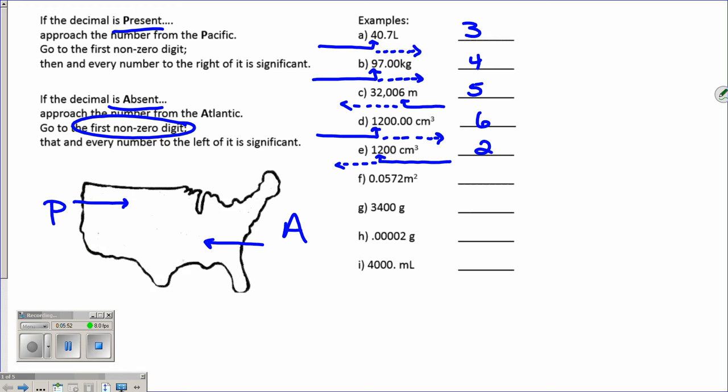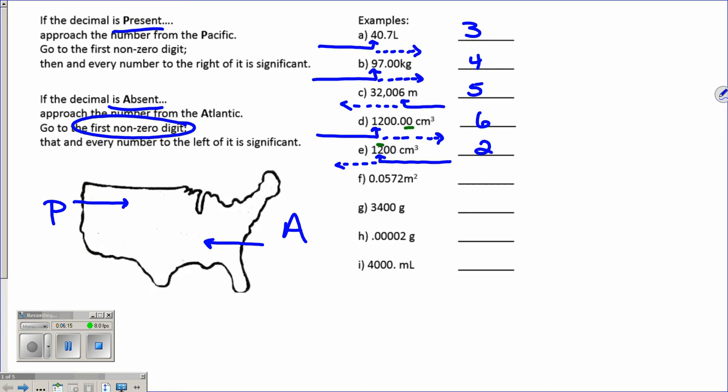So here the 2 is our estimated digit. If we'd put a decimal on that number, it would have told us that the ones place was estimated. So just kind of tying that into what you learned about using the proper number of decimal places in measurements, so significant figures when you're making measurements.